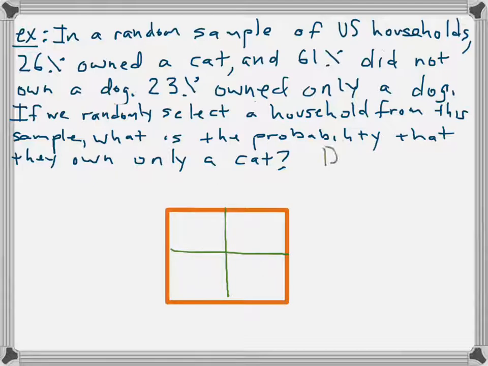We'll let event D be having a dog and event C be having a cat. This is how we're going to set up these tables. So we have two events, having a dog, having a cat, but each one of those events has a complement. That is D complement, not having a dog, C complement, not having a cat. So on one side I'll put dog, not dog, and here I'll put cat, not cat.